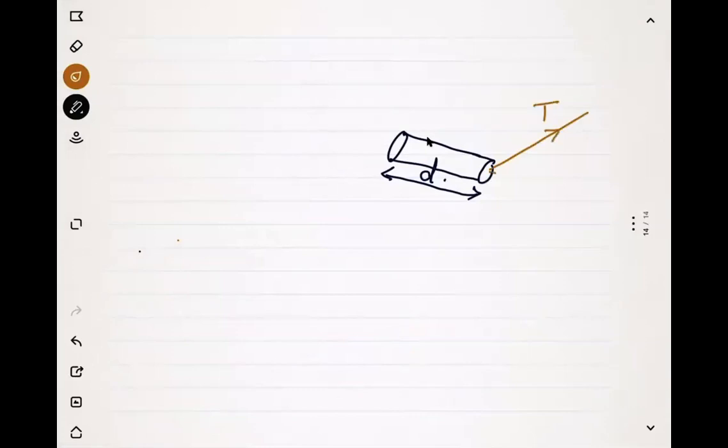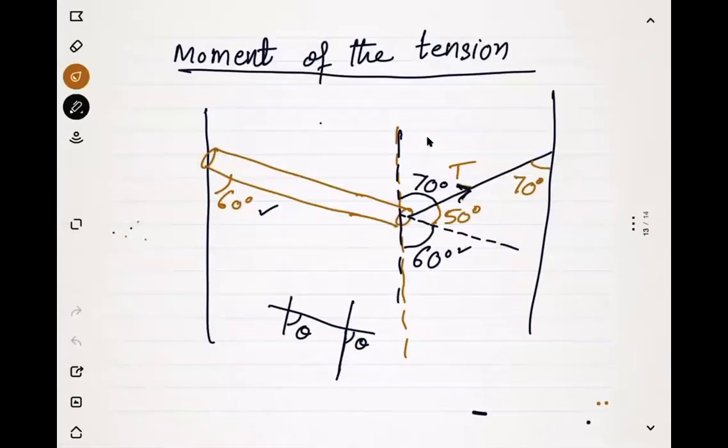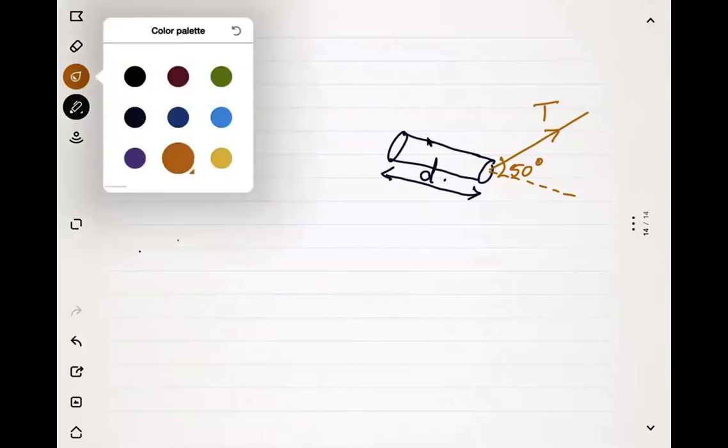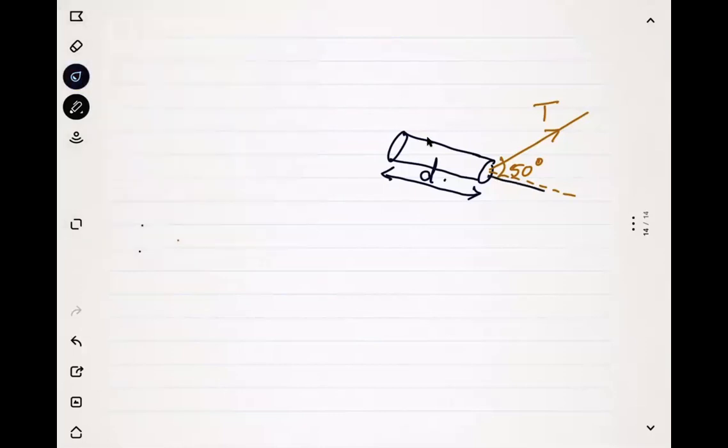And this angle, as you see from 70, 60 and 50, would be 50 degrees. So if we resolve T with respect to this 50 degrees, then we have two possibilities.